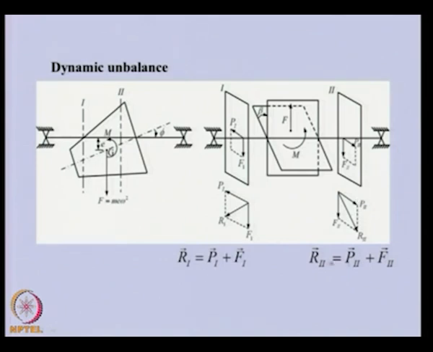These will be the correction forces in planes 1 and 2, and you can see their directions are now different because of the presence of the centrifugal force and the couple unbalance in different planes. That is why R1 and R2 will be at different angles and different magnitudes, which we need to keep in these two balancing planes. So, this was the basic principle of rigid rotor balancing, of static and dynamic balancing.